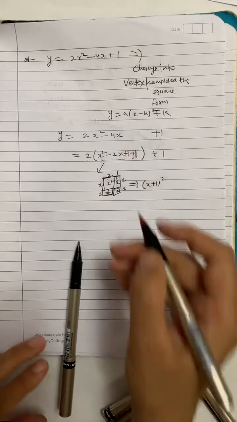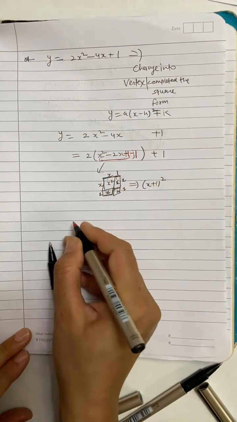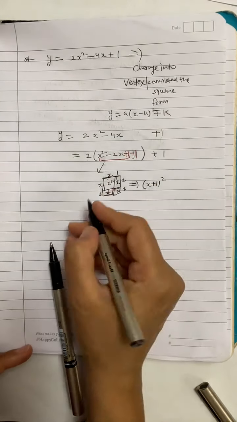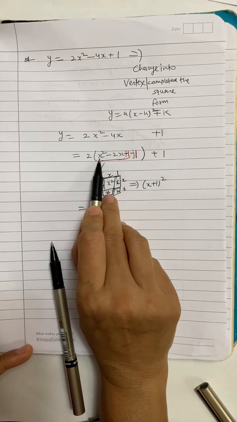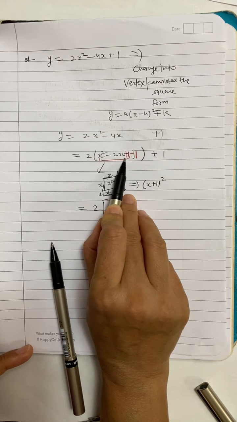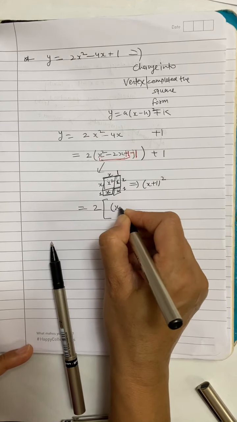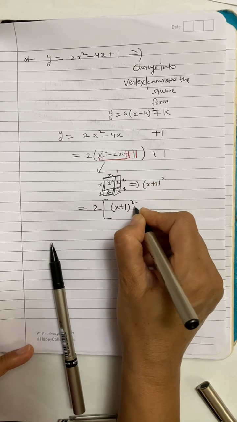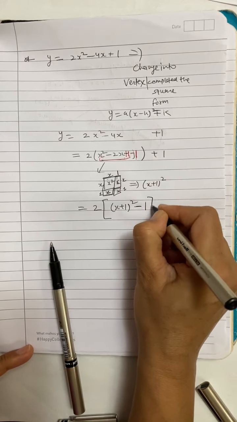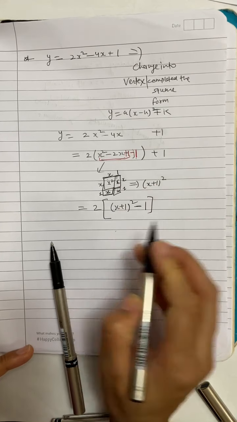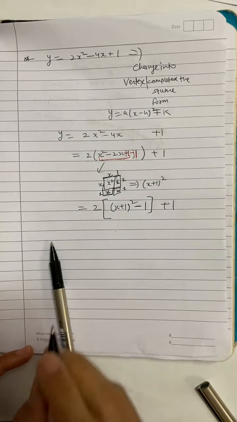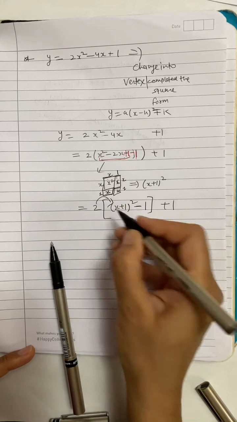So this is equal to 2, and I'm going to use another bracket because this 2 is going to be multiplied with these terms, which is going to be x plus 1 whole squared plus, and then you have negative 1 here. So instead of 1 bracket, now we need 2 brackets here, plus 1. Now you know how to open this.